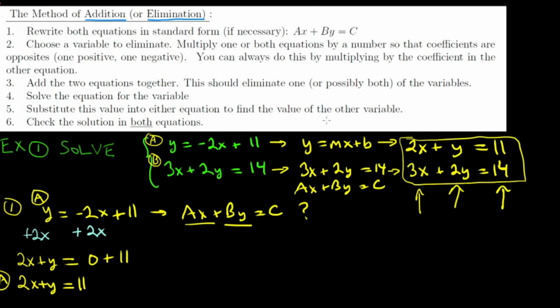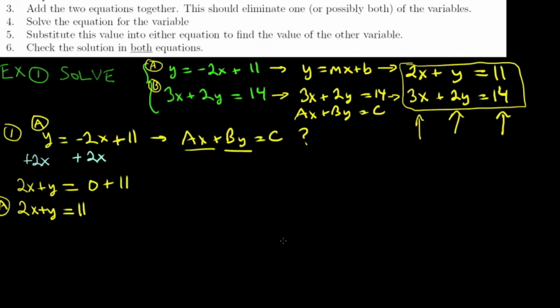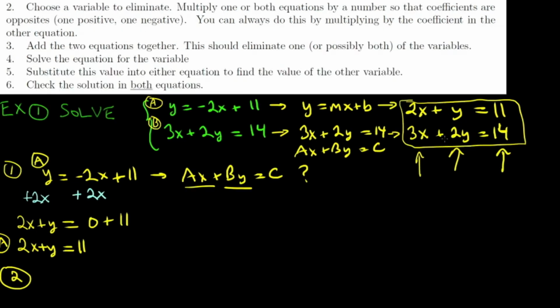All right, so step two says we need to choose a variable to eliminate. We can choose x or we could choose y, and it's really up to you. Do we want to eliminate x or y? Well, it depends on what you think is easier.